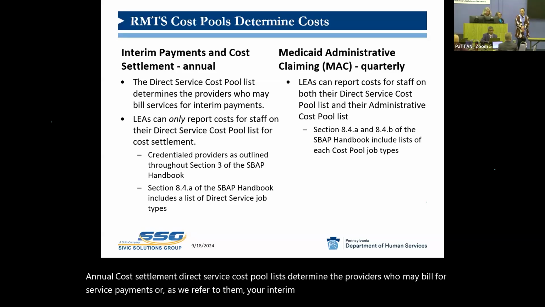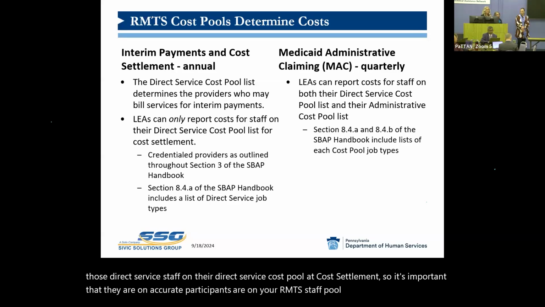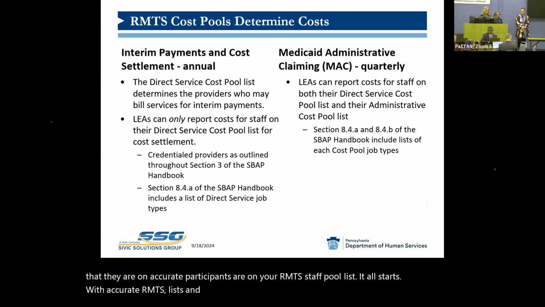LEAs can only report costs for those direct service staff on their direct service cost pool at cost settlement. So it's important that accurate participants are on your RMTS staff pool list. It all starts with accurate RMTS lists, and those flow over when you report your quarterly MAC costs, and they also flow into your cost settlement.